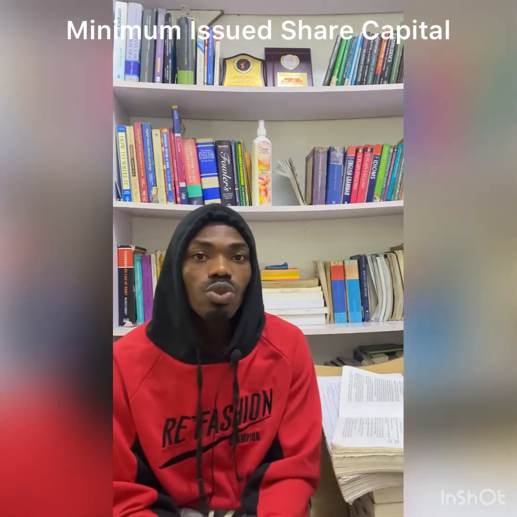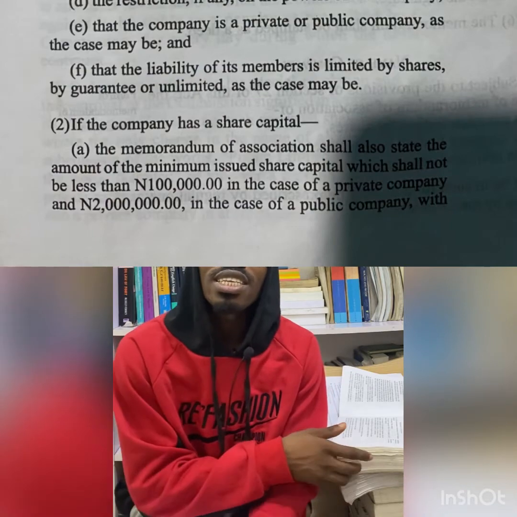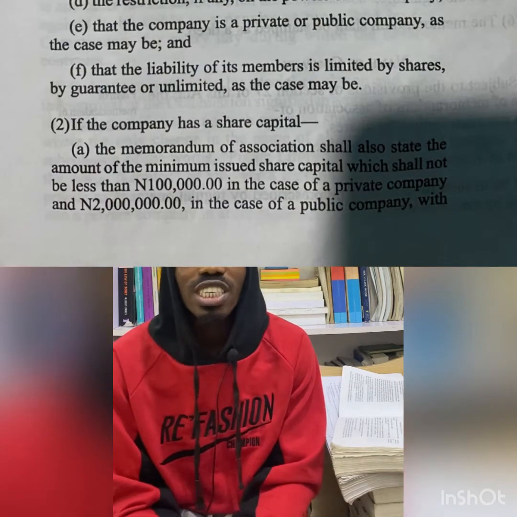Because Section 27(2) says that if a company has a share capital, then in its memorandum of association, it must state its minimum issued share capital, which shall not be less than 100,000 naira for a private company and 2 million naira for a public company.